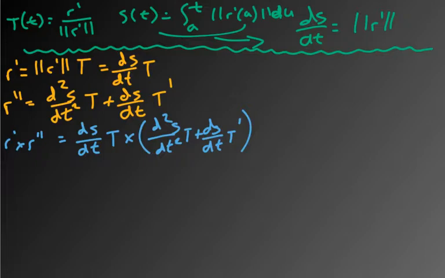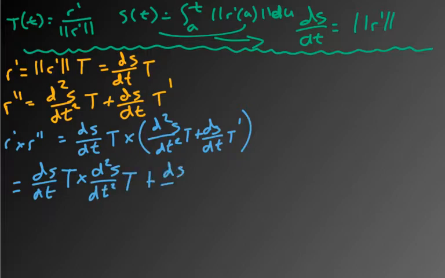And so we would get ds/dt times T cross d squared s dt squared times T, and then plus ds/dt T cross ds/dt T prime. So basically just distributing.